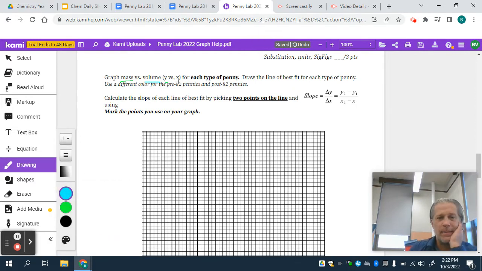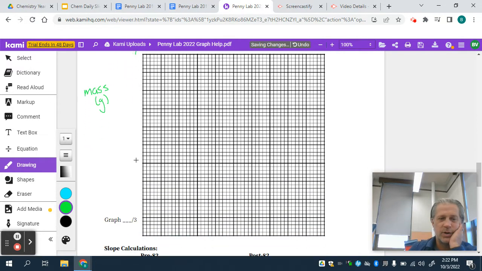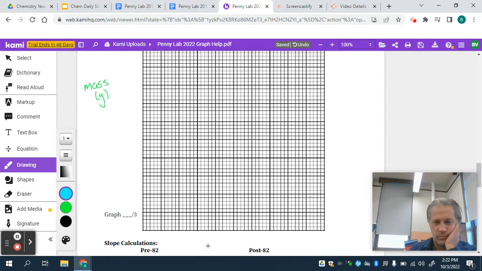And so what that means is that your mass in grams will be on the y-axis, and your volume in milliliters will be on your x-axis.